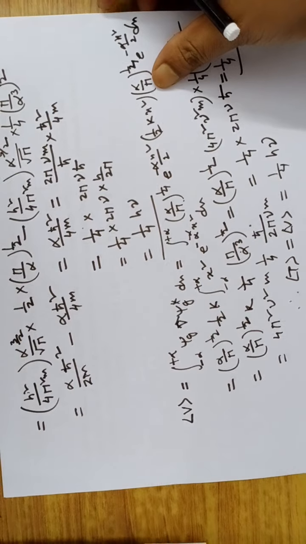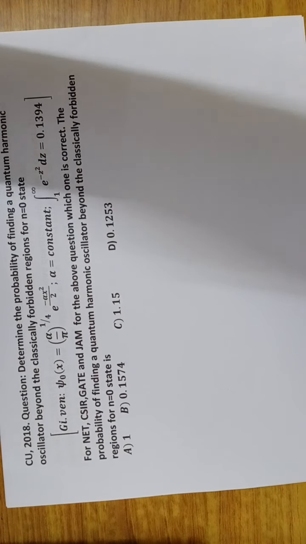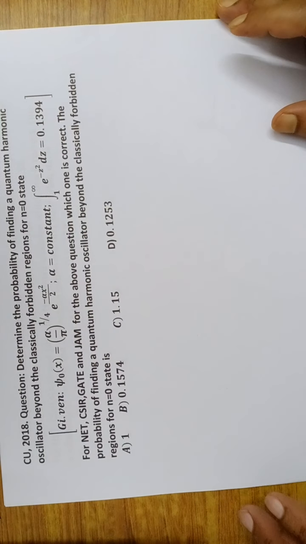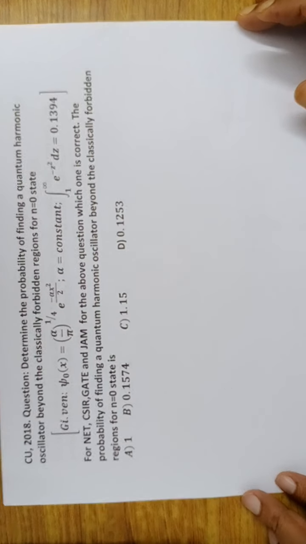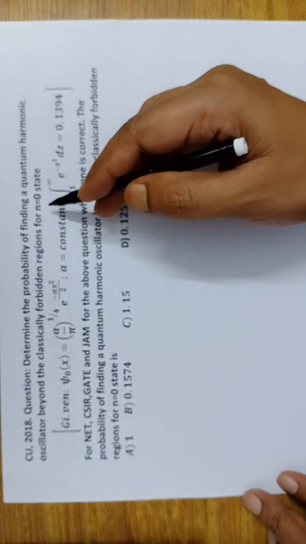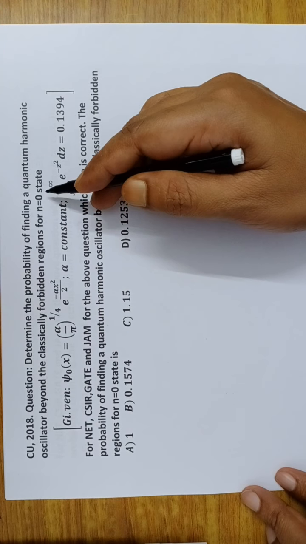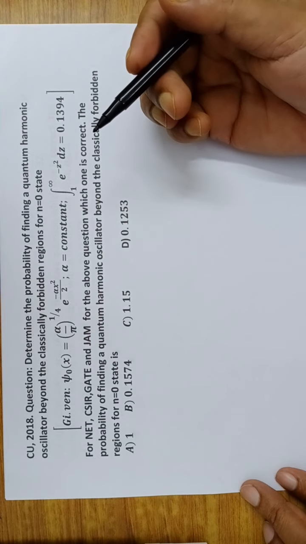Now what happened? Then there was a question: determine the probability of finding a quantum harmonic oscillator beyond the classically forbidden region for n equal to 0 state. So what is the classically forbidden region?